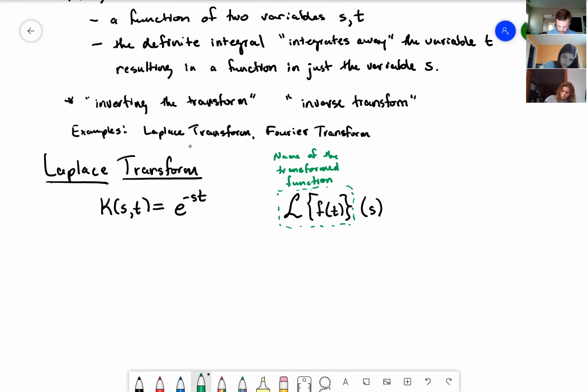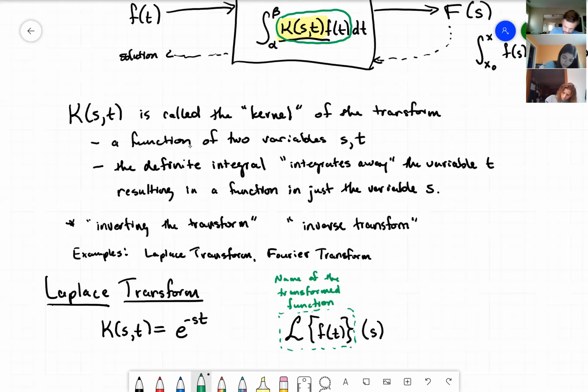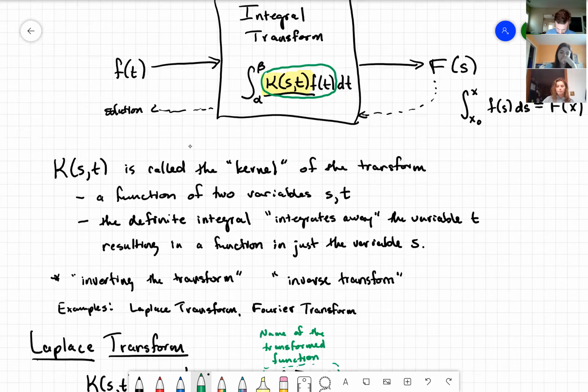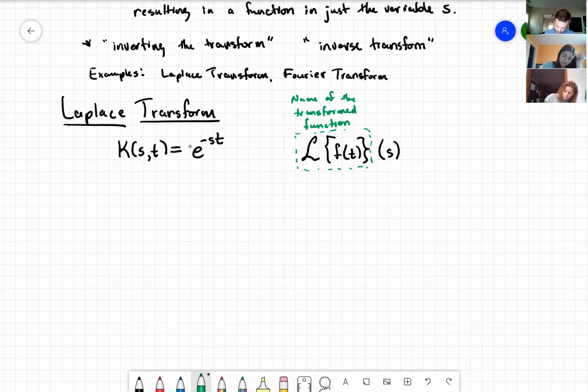Oh, I should say we had a name for things like this that took in a function and output a function, and we called these operators, right? So the integral was an operator, the derivative was an operator. We were able to chain together derivatives in order to produce operators for our differential equations before. This is another kind of operator. It takes in a function and it spits out a function.